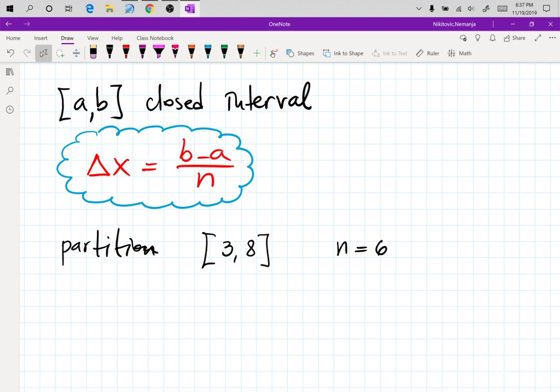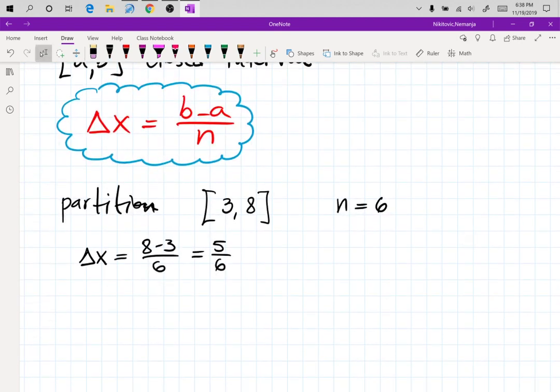You'll have to shovel fractions in this case, because they're not going to land on integers. You calculate your delta x, and your delta x is 8 minus 3 divided by 6, which gives you 5 over 6. Fair? Now, your delta x is 5 over 6.